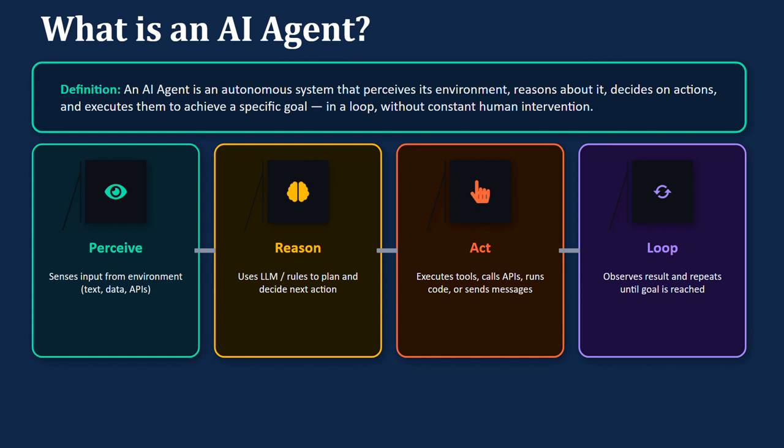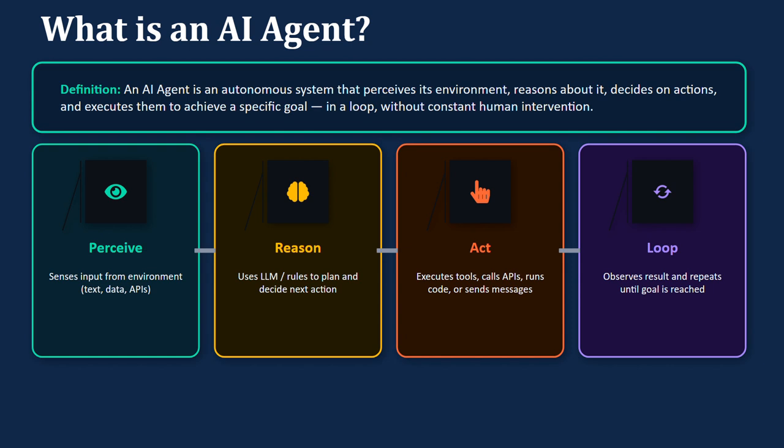Perceive: it may sense the environment, text, data, API, or other inputs. Reason: it can use an LLM, local model, or rules to plan. Act: execute a tool, call an API, run code, or send messages. And loop: observe the result, return, decide what has to be done, and do the looping if required.